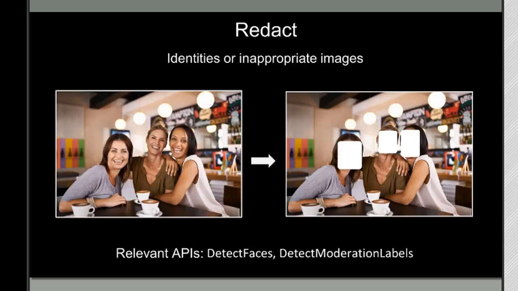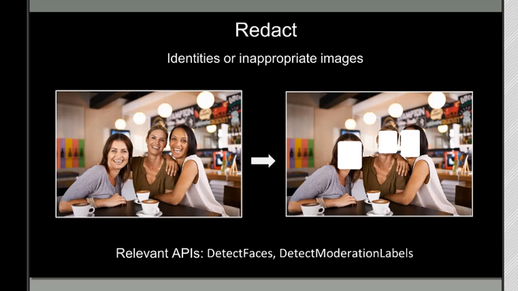Redaction is another popular requirement here, and really just knowing where the faces are can help you tremendously in doing a lot of things with those images. And it could be for security, public safety. It could be for privacy, prevention of non-persons of interest being exposed in public settings and things like that. So we've done a rather crude example of redaction there by identifying the faces and just basically blocking them out.